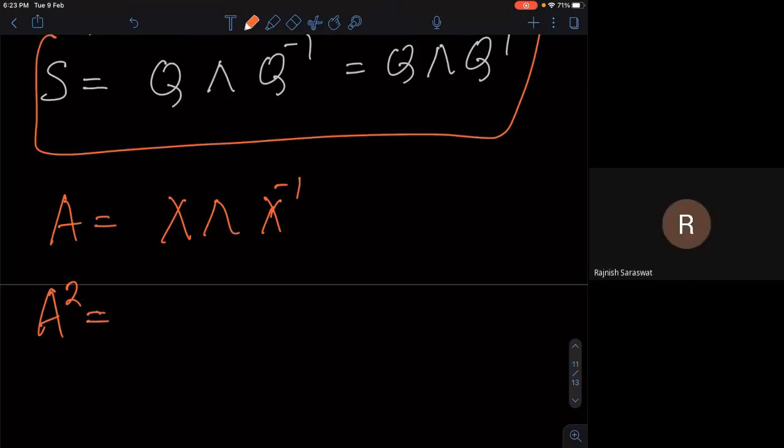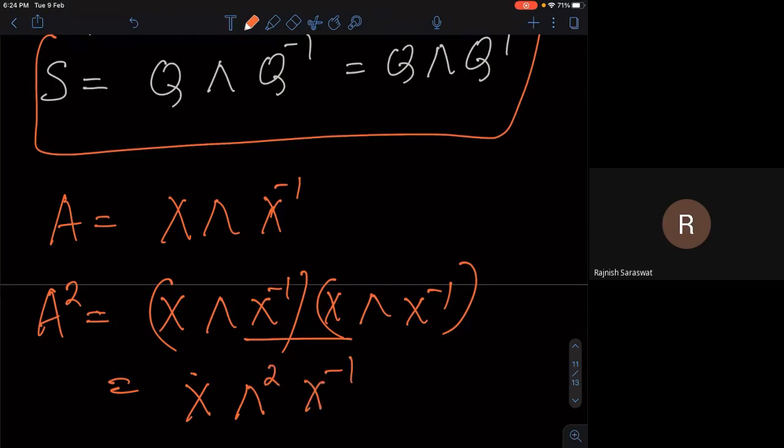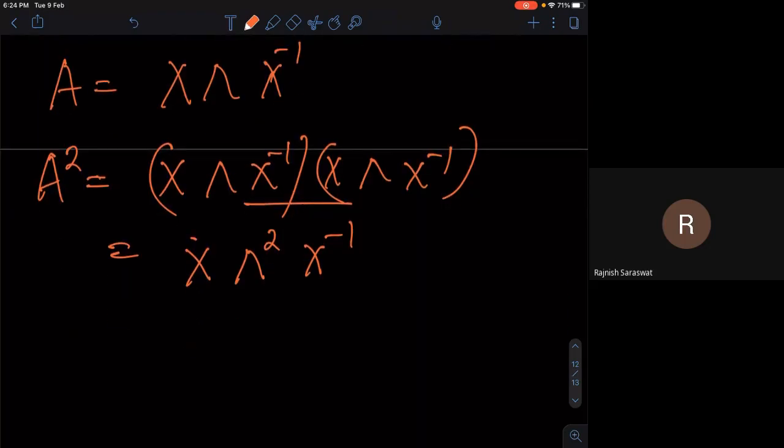It is x gamma x inverse times x gamma x inverse. If I open up the brackets, x inverse x becomes the identity, and this becomes x gamma square x inverse.